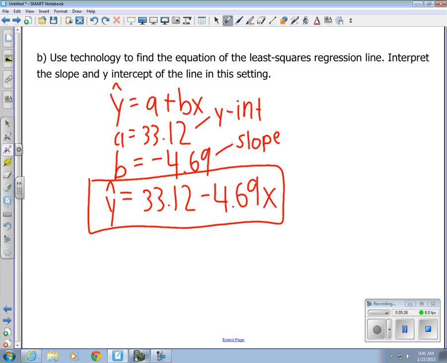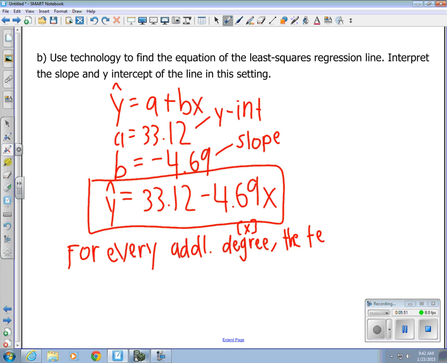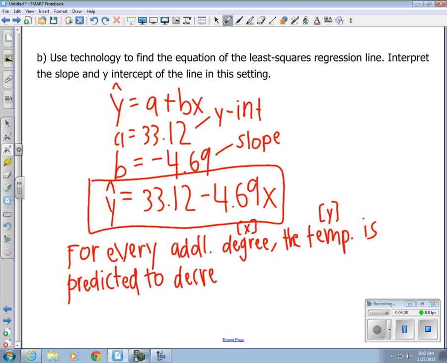So as for the slope, you say for every additional x, which in this case is degree, so every additional degree, the y is predicted to decrease because it's negative, but if the slope was positive, you'd say increase.